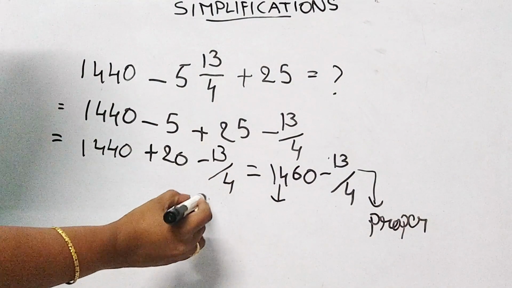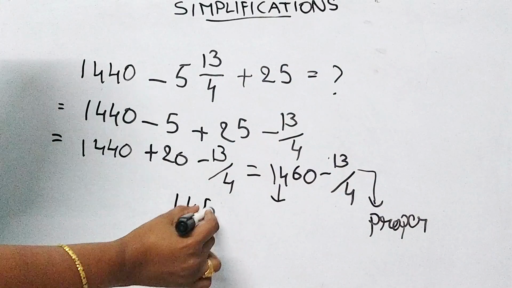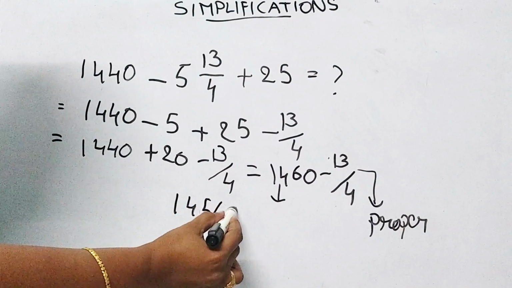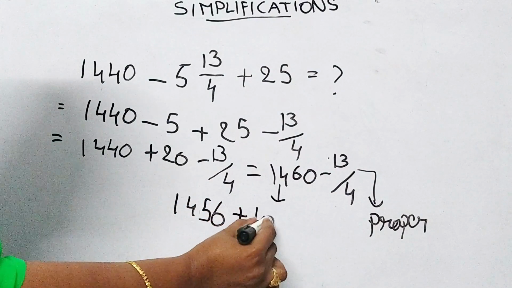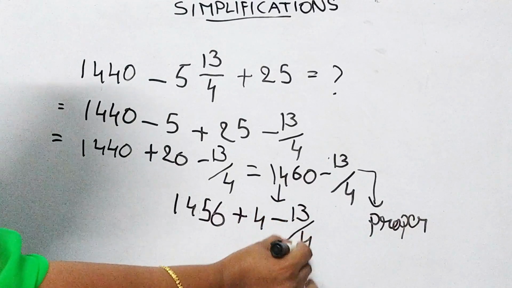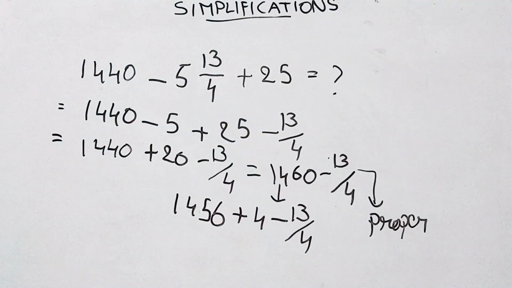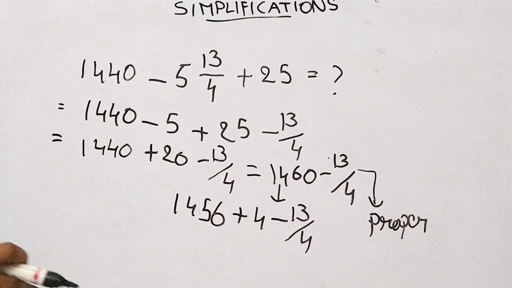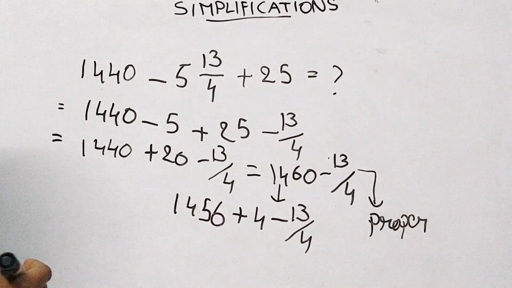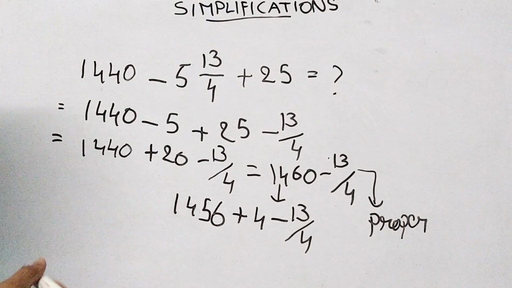This 60 I am going to split as 56, so 1456 plus 4 minus 13 by 4. I am going to split this number as 1456 plus 4 minus 13 by 4.